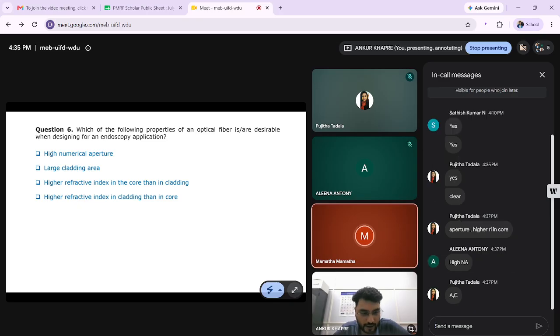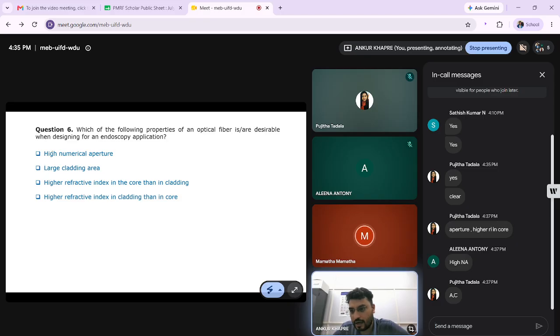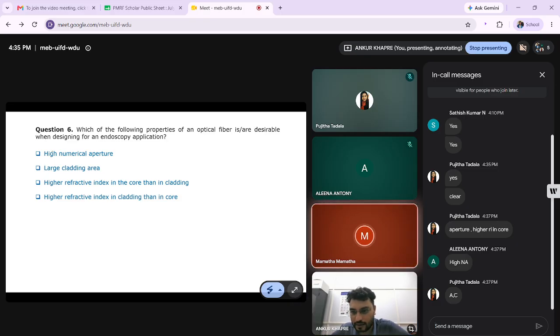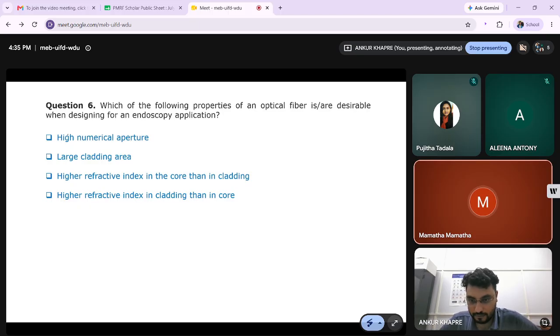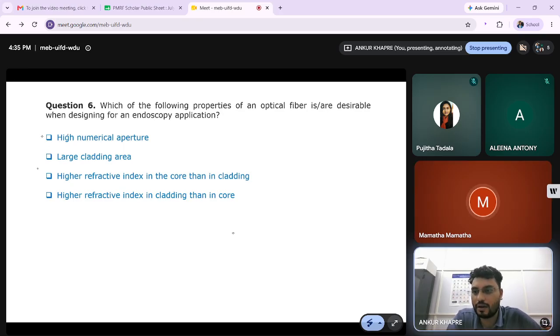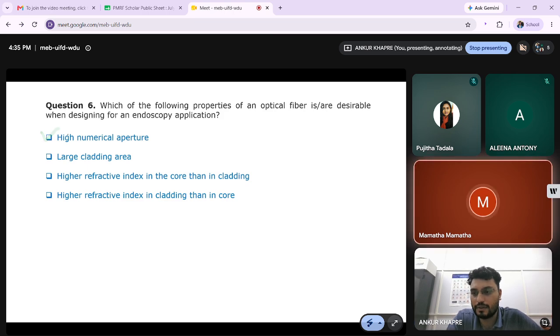Last reading area is required. Okay. High numerical aperture and higher refractive index in the core than in cladding, obviously. To confine the light, we need to have high numerical aperture, and numerical aperture, obviously, you know.